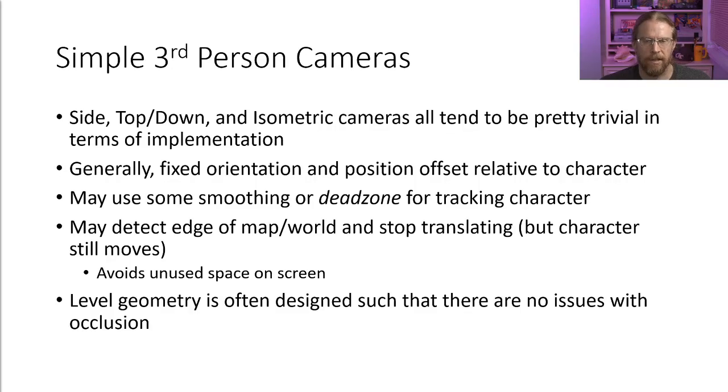And so occasionally there is at least a test to see if the character or the game object is occluded from the perspective of the camera. And this is generally performed with a raycast. And if that's found to be the case, you might hide the geometry that's blocking, for instance. But in many cases, this problem is just ignored.